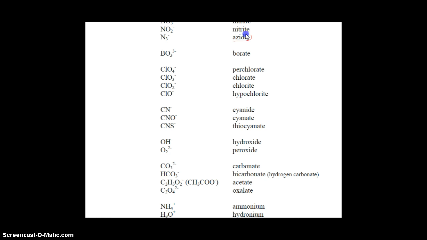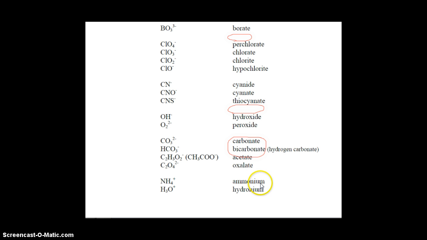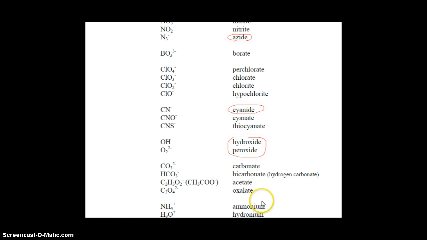Azide ends in IDE, as well as cyanide, hydroxide and peroxide, and finally ammonium and hydronium at the very bottom. Other than those 6, all of them will end in ate or ite.